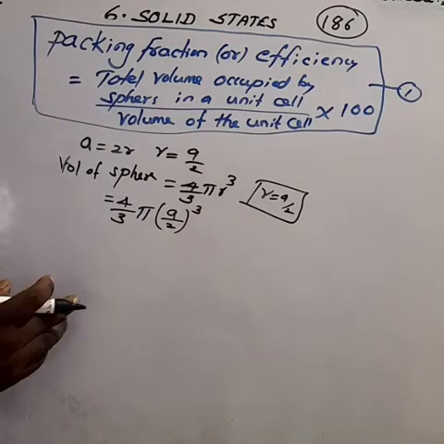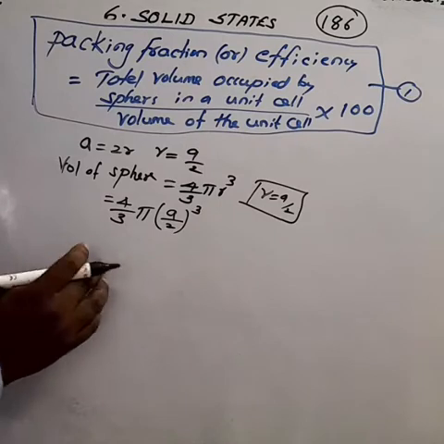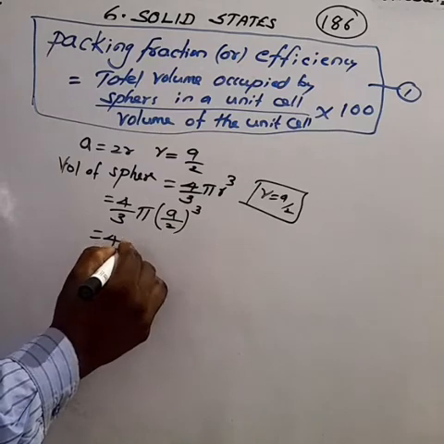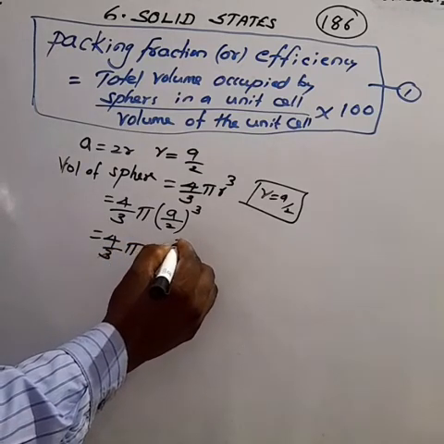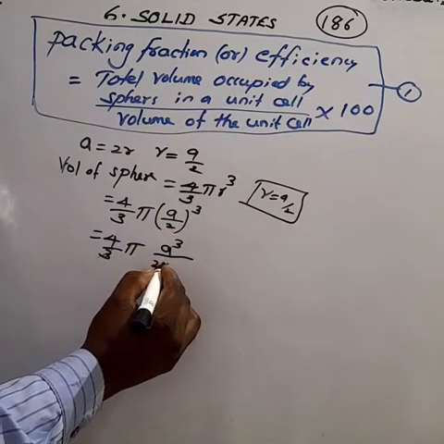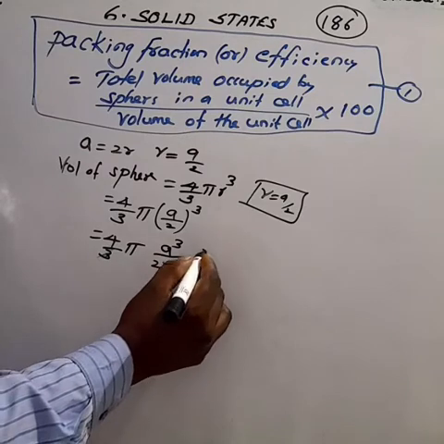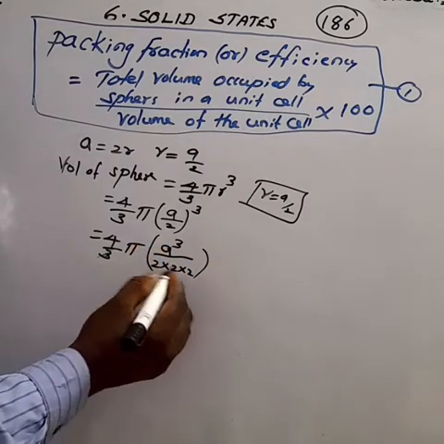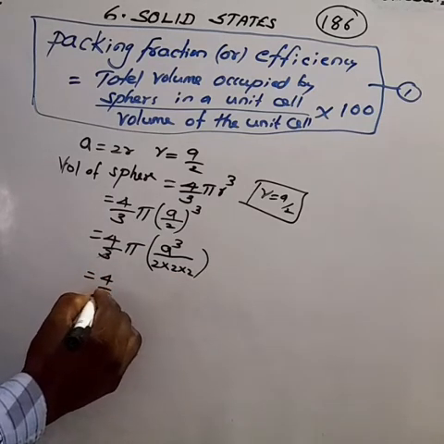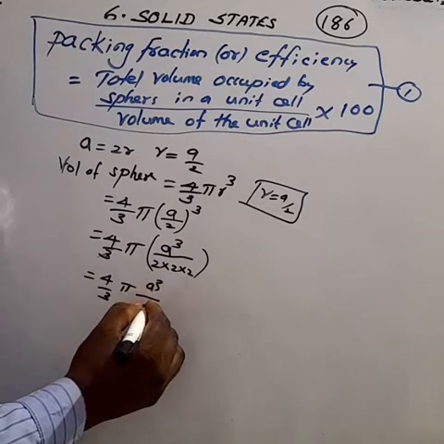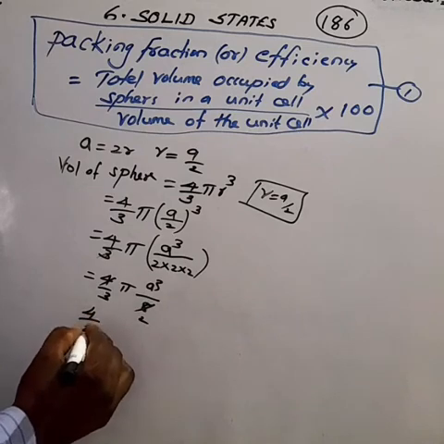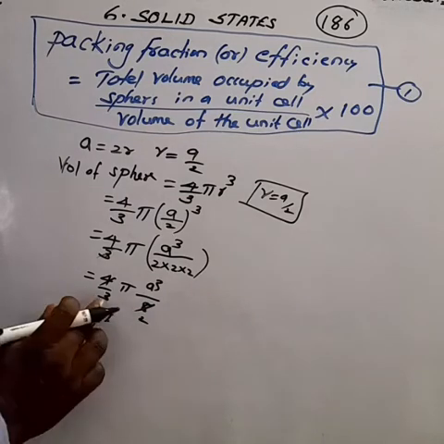So that is 4 by 3 pi a cube divided by 2 into 2 into 2, which is 8. The 4 and the 8 cancel, leaving 2, and 2 threes are 6. So we get pi a cube divided by 6.